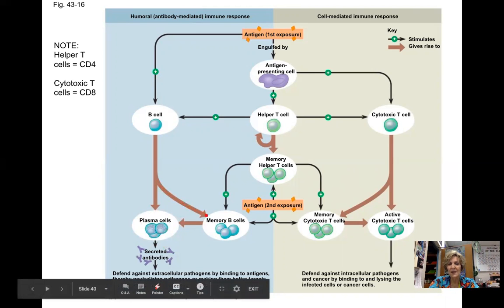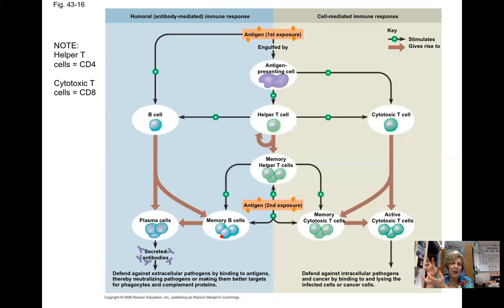Some of the other B cells differentiate and become memory B cells. And these create a pile of cells that have kind of the blueprint of that invading cell's antigens and are ready to respond with some more antibodies when it comes back again. So now let's talk about these helper T cells.